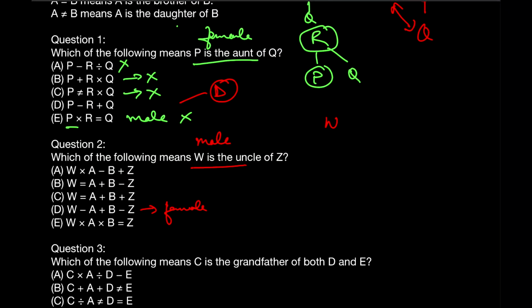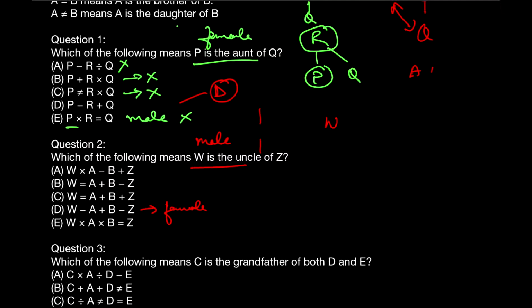Okay, there's another notation. You can use any notation of plus, minus, circle, rectangle, but if you really want to move according to what I am doing in my drawings, I always denote a male with a rectangle and a female with a circle. The generation gaps are with a straight line like this, and if I want to denote that both are siblings, okay, in blood relations, there is a very important takeaway that siblings means only the kids born out of the same parents.